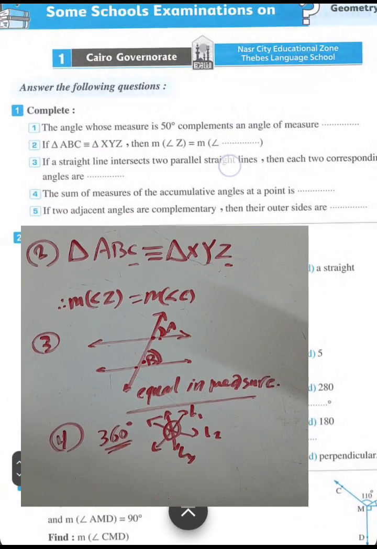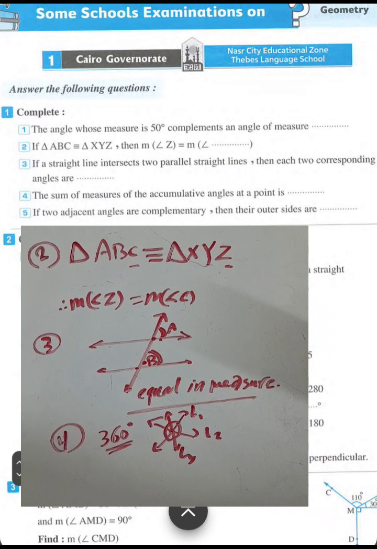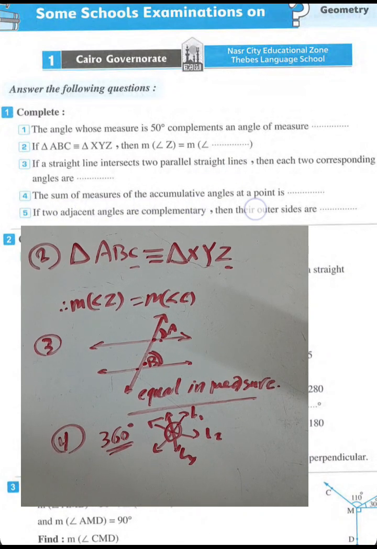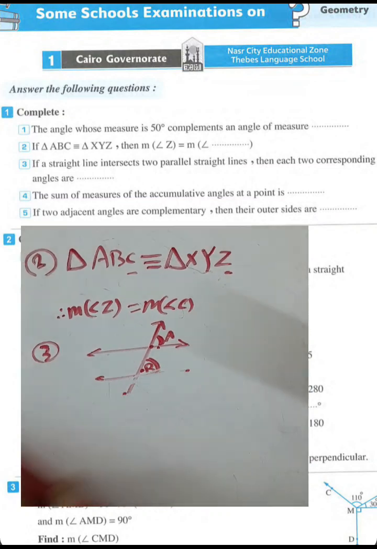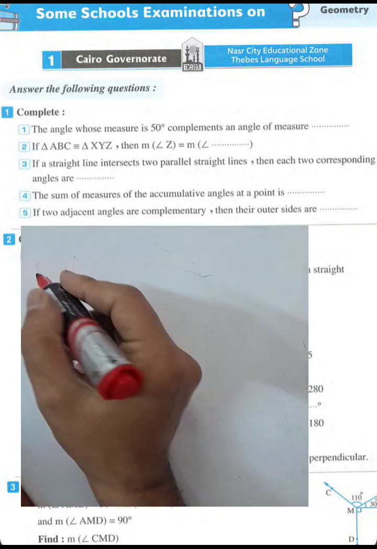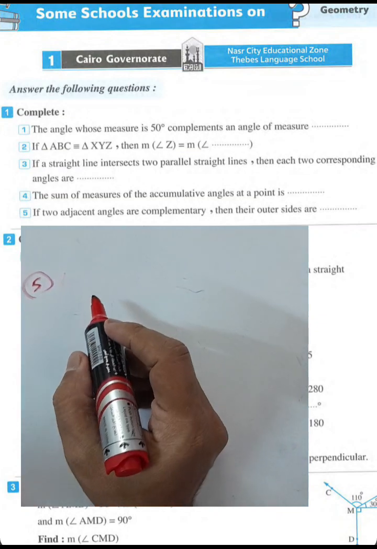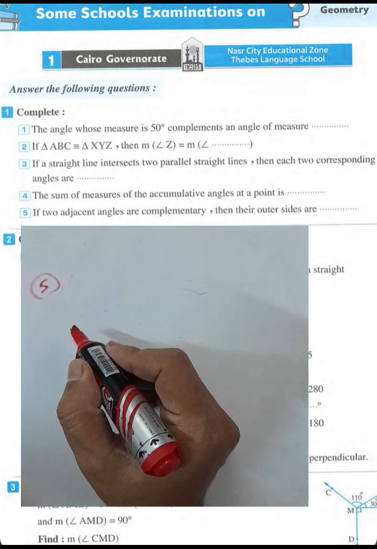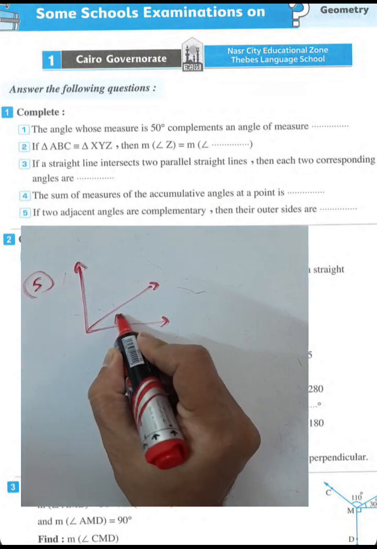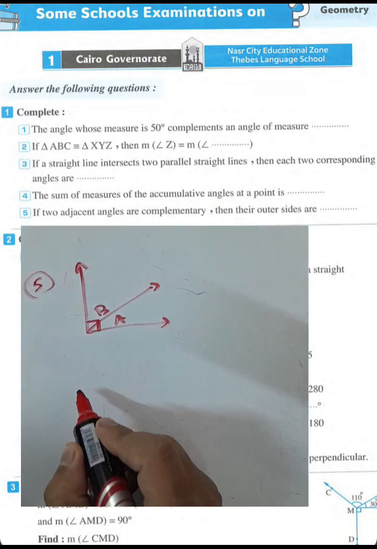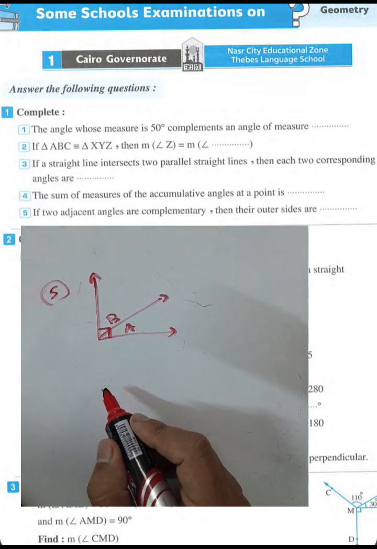Question number five. If two adjacent angles are complementary, then their outer sides are perpendicular. Again, if two adjacent angles are complementary, it means the sum of them will be 90 degrees, such that angle A and angle B sum to 90 degrees. We call them complementary angles.